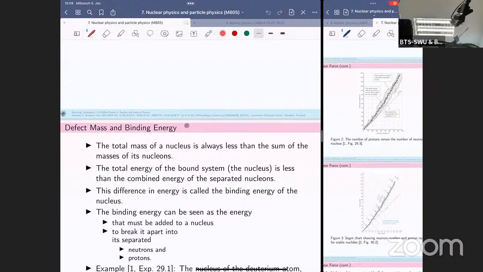The total energy of the nucleus is less than the combined energy of separated nucleons.